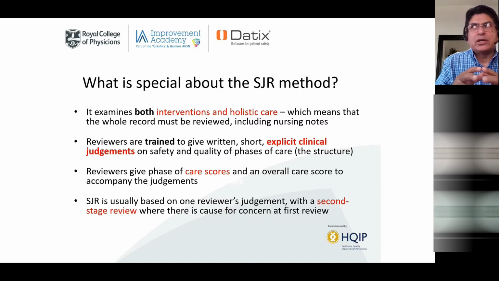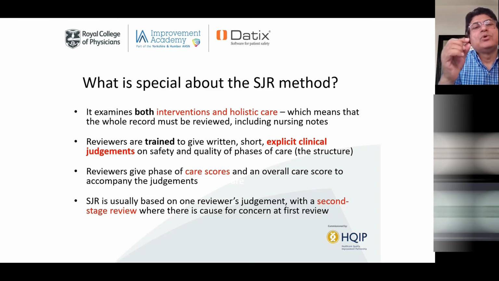It's not just specialized care, but also nursing care, discussion about the death and end of life care, for example, or interventional care. Also we give scores to each care. So each care is being scored.